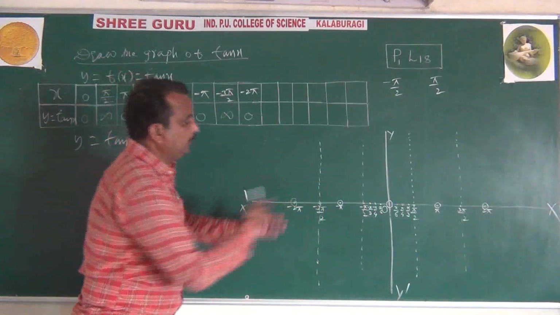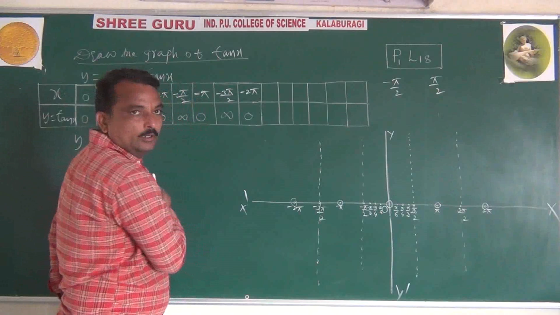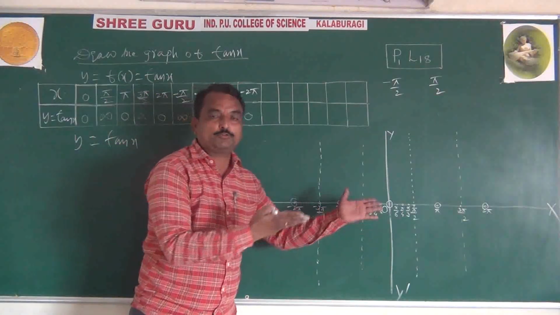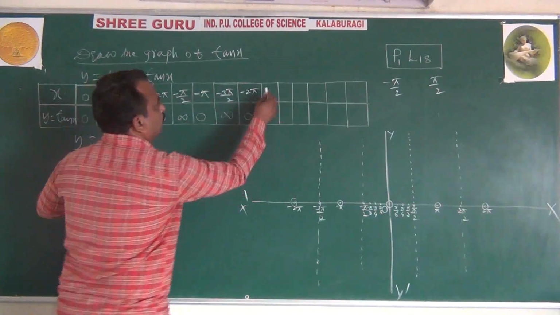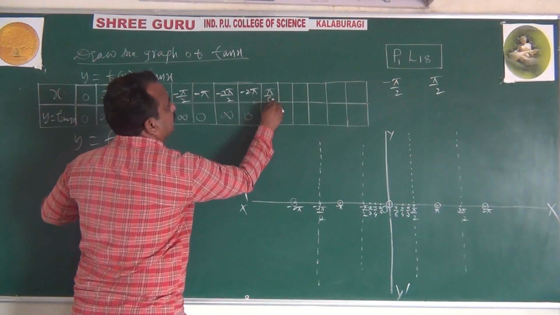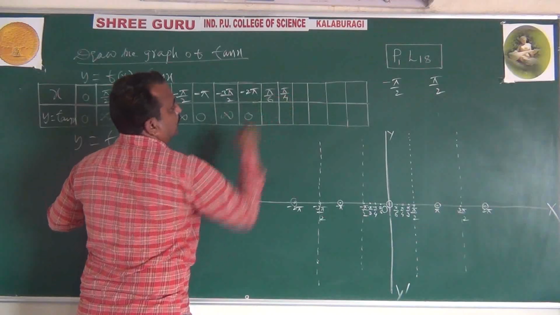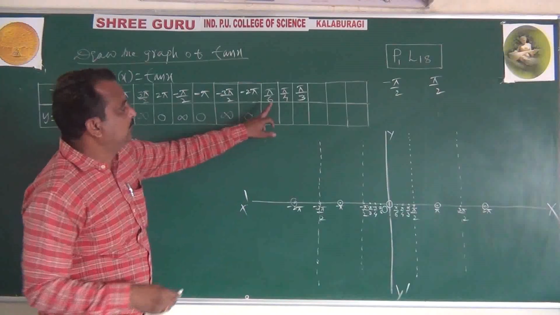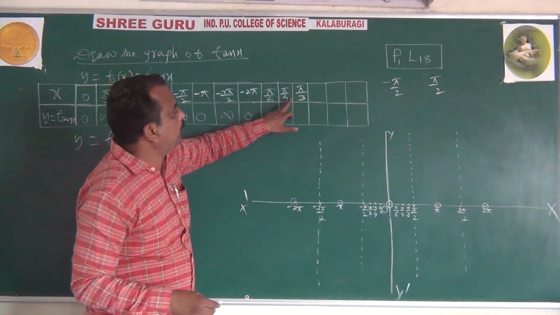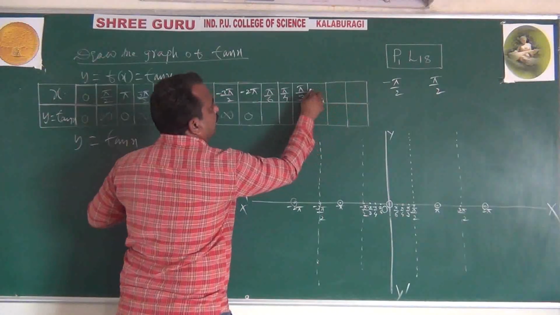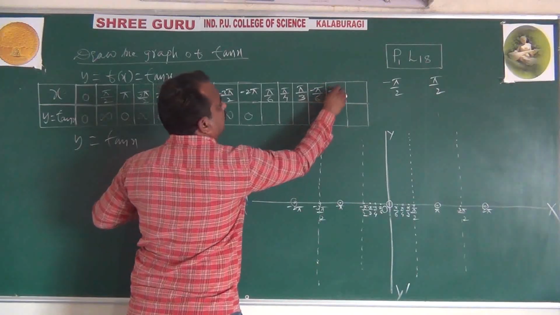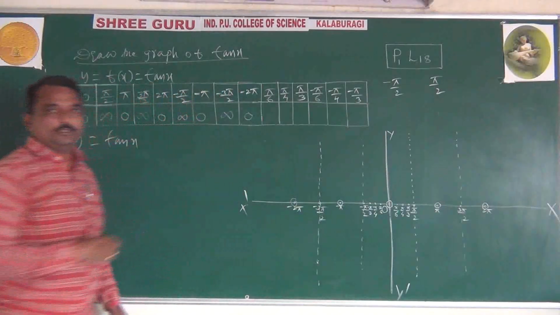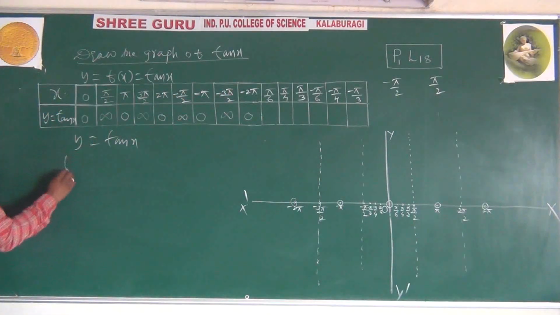These are the 3 positive and 3 negative values we have taken, because we have to draw on a Cartesian plane and need some positive and some negative values. So which values have we taken? Pi by 6, 30, 45, 60 degrees, that is in terms of radians pi by 6, pi by 4 and pi by 3. The negatives of these values are minus pi by 6, minus pi by 4, minus pi by 3. Now let us calculate the y value.